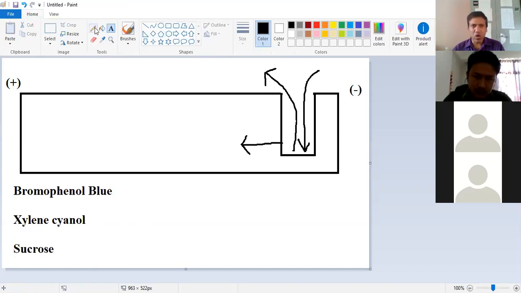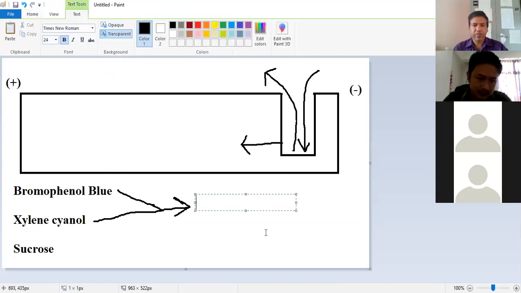So first two components, these two components, they are called tracking dye. Now tracking dye, what happens? This tracking dye, they have got negative charge.